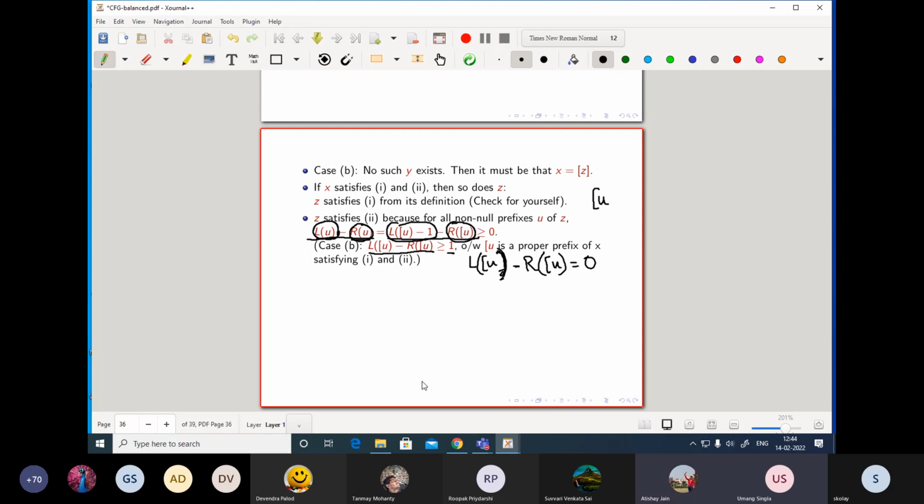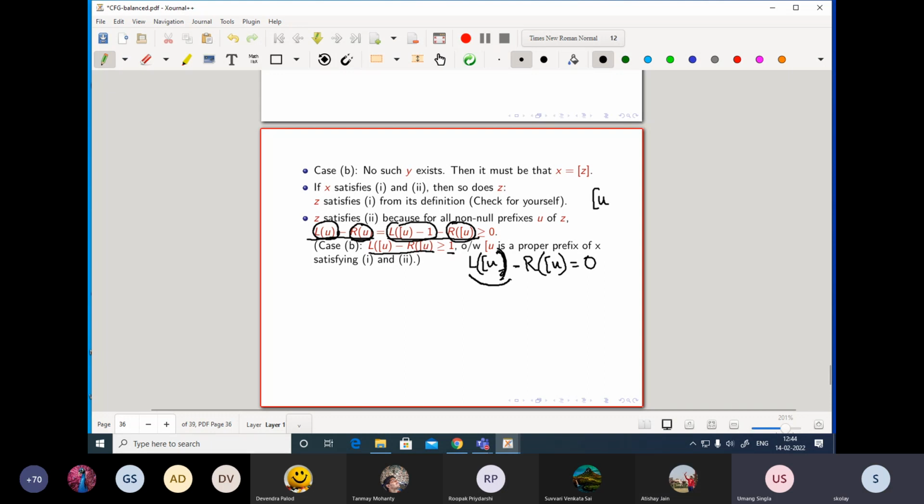Lu minus Ru will be less than 0. Why? Because in bracket u we are adding a left bracket but not a right bracket. So Lu minus Ru will be minus 1. Yes, that is true. But I'm saying this is not possible in this particular case.